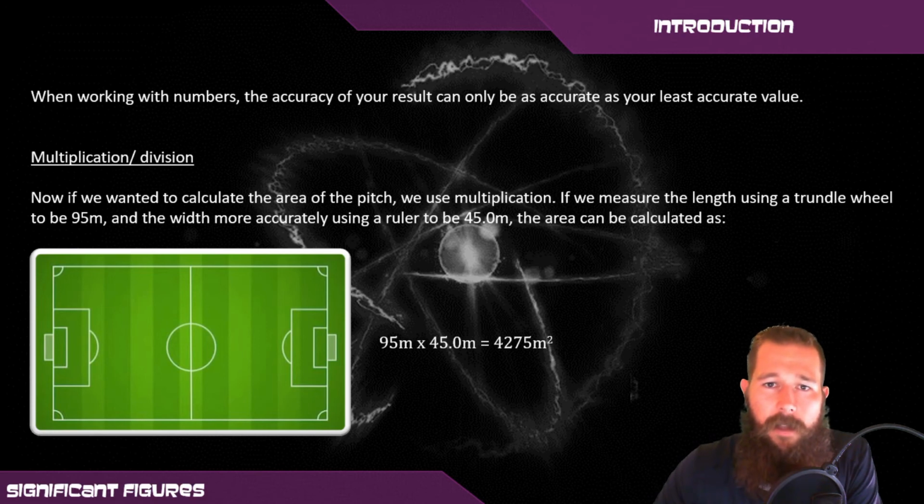So now let's look at a case of multiplication and division, and it's the same. Our final answer can only be as accurate as our least precise measurement. So if we wanted to calculate the area of the pitch, we measure the length using the trundle wheel to 95 meters. We choose to measure a little bit more accurately with a meter ruler to 45.0 meters. Now the area is calculated as 4,275 meters squared.